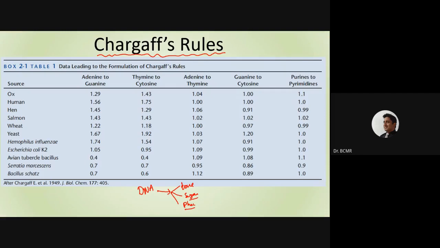People still had trouble about how a molecule like this can function as genetic material or a molecule of information.